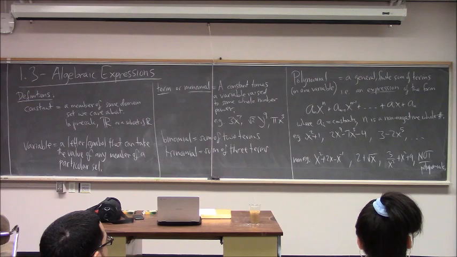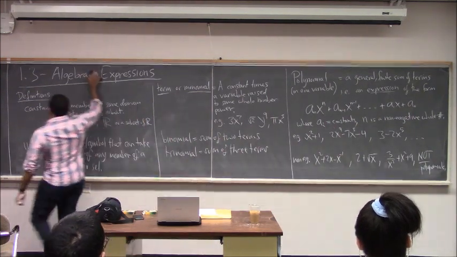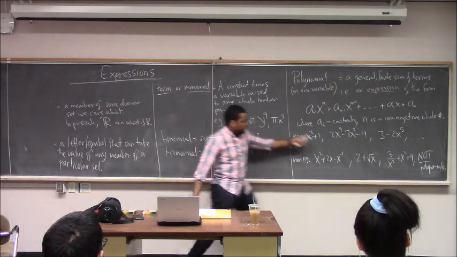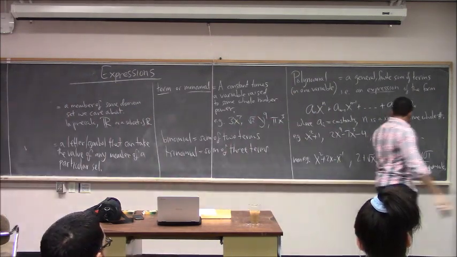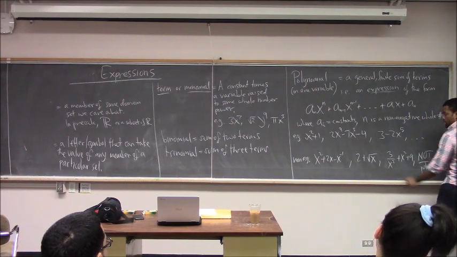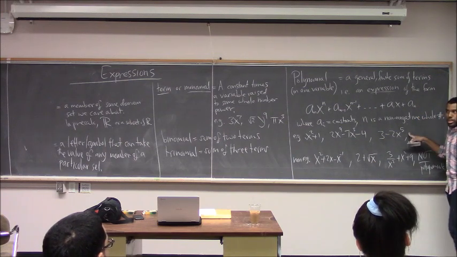Polynomials are very nice functions. We like them a lot. A lot of mathematics is very nice to deal with polynomials. And polynomials don't have issues that other functions deal with. Like for example, here if you take x to be 0, that's going to be an issue. Here if you take x to be a negative number, that's going to be an issue. With a polynomial, there is no such issue.